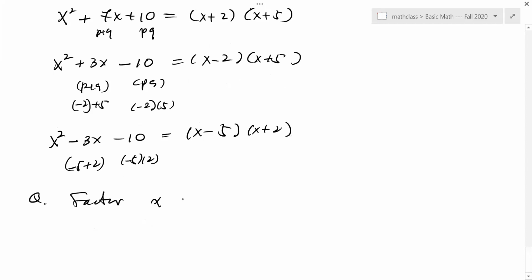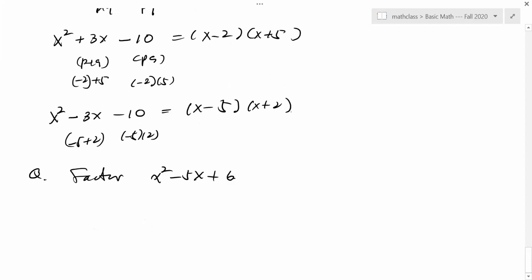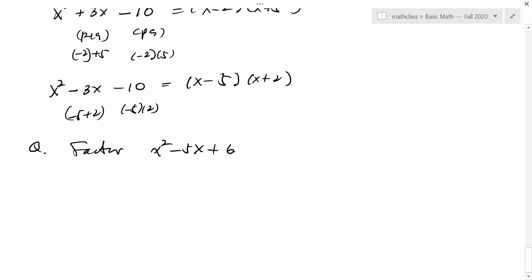Factor x squared minus 5x plus 6. Let me know if you get it.